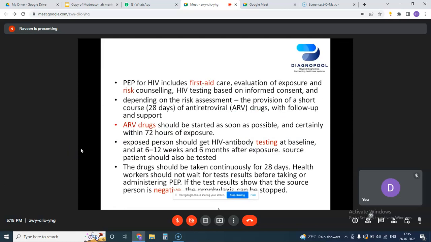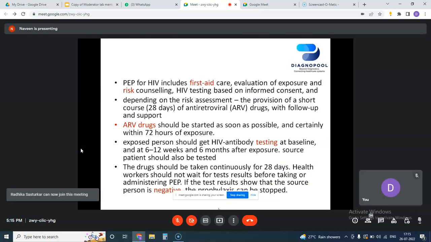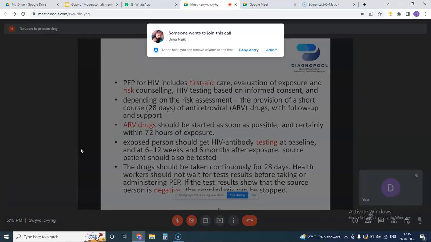Then, when it comes to HIV exposure, say your phlebotomist got a needle prick injury and he thinks that the patient may have HIV or is at risk of having HIV, then he can start antiretroviral therapy, which should be done as soon as possible or within 72 hours of exposure.